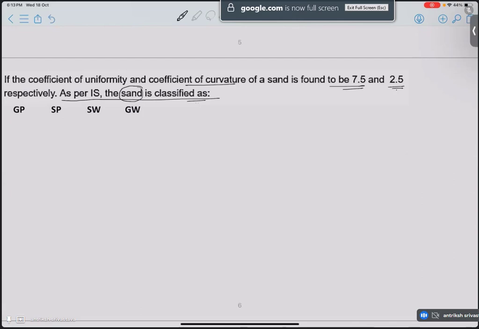We are given that this is a sand and the coefficient of uniformity, if you remember, that is Cu, and the formula for that is D60 by D10, right? And coefficient of curvature, that is Cc, that is D30 whole square divided by D60 into D10.